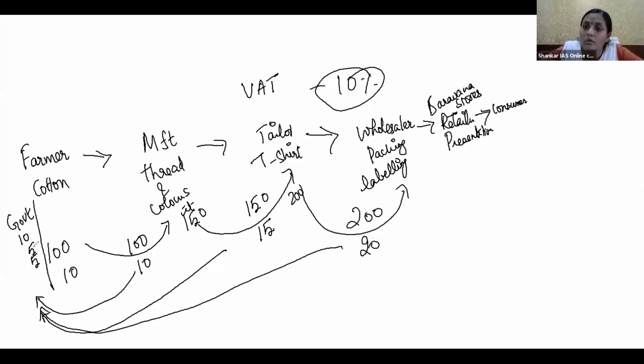Why will he pay only 5 rupees? Because he made 150 into 200 and his value addition towards the product is only 50 rupees. To the 50 rupees, how much is the 10%? It is only 5 rupees. Have you followed? Everybody? Now we will say the wholesaler adds a value of 25 rupees. Labeling, packaging.